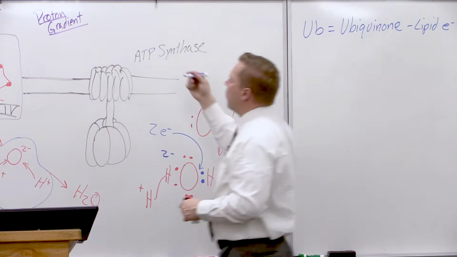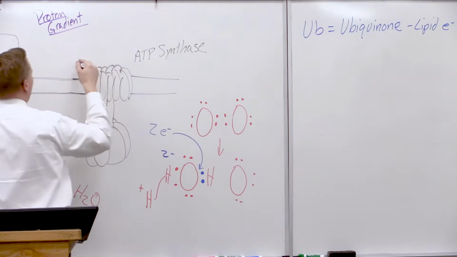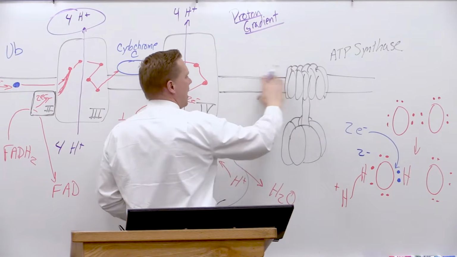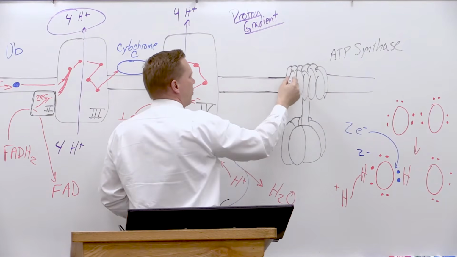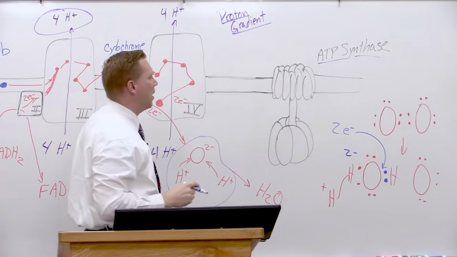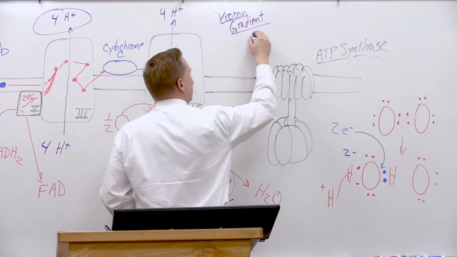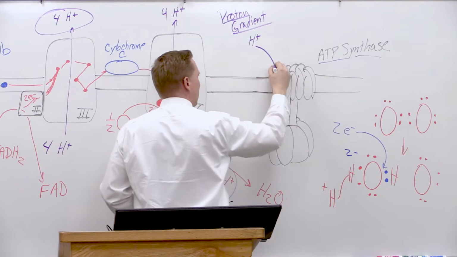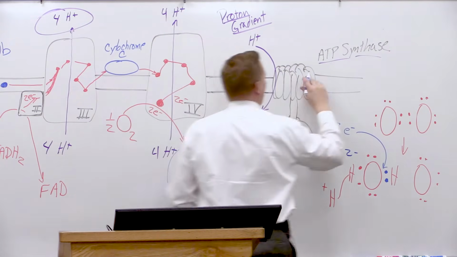We're going to take this proton gradient, and we're going to provide a hole in the membrane. The membrane is sort of like our dam. And we're going to provide a hole in the membrane in the form of ATP synthase. And so what happens in ATP synthase is that our extra protons are going to run through.